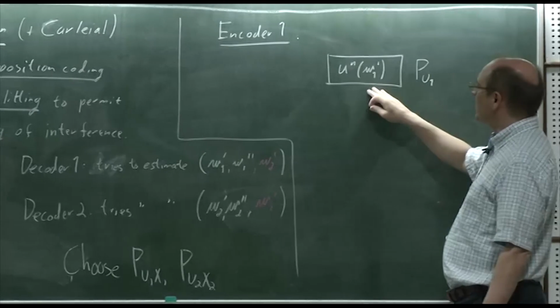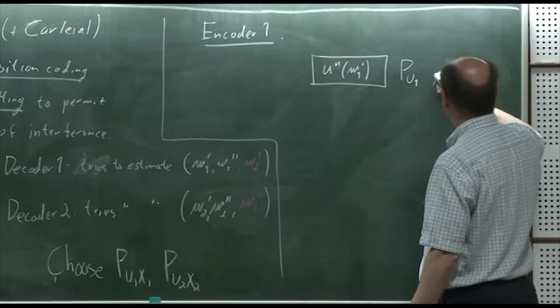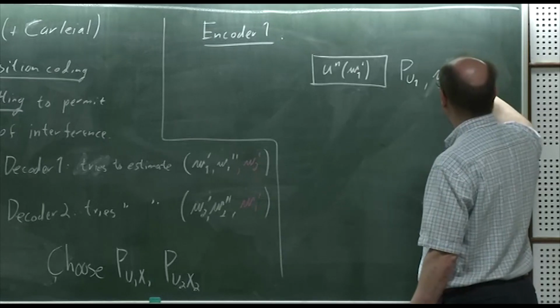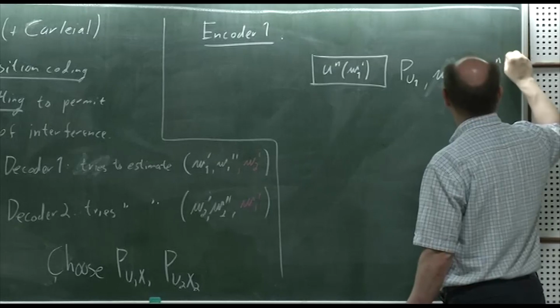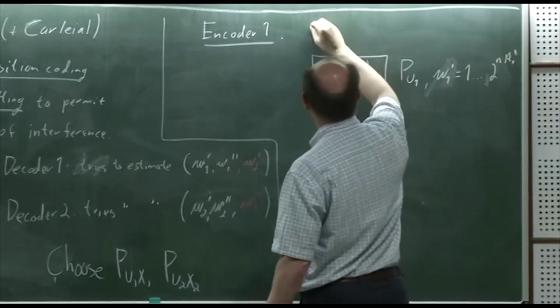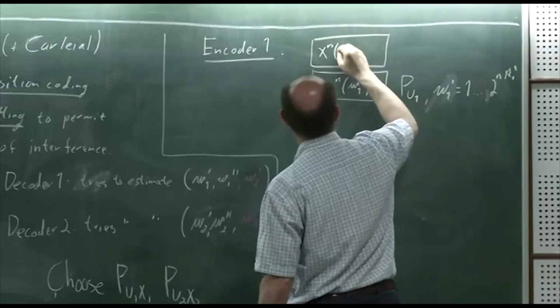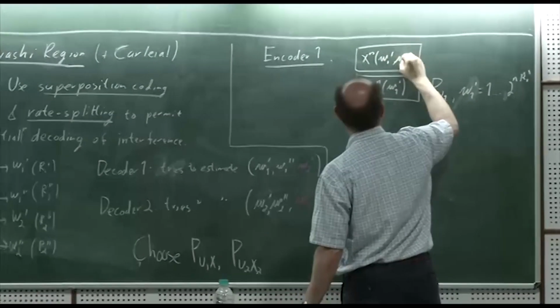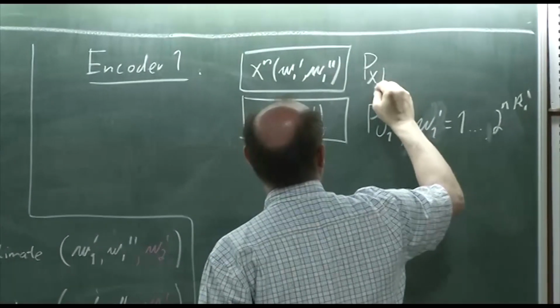So we generate a codebook like this, where W1 primed runs from 1 to 2 to the NR1 primed. Then on top of that, we stack another codebook, X^N of W1 primed, W1 double primed. Here we're going to use the distribution PX1 given U1.